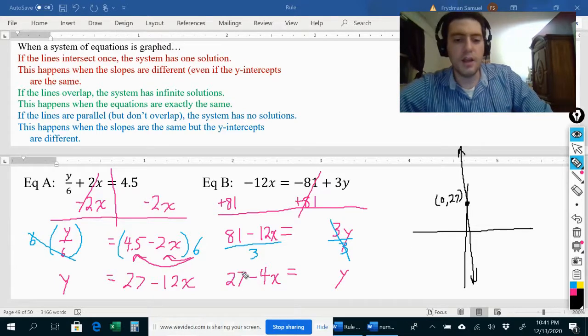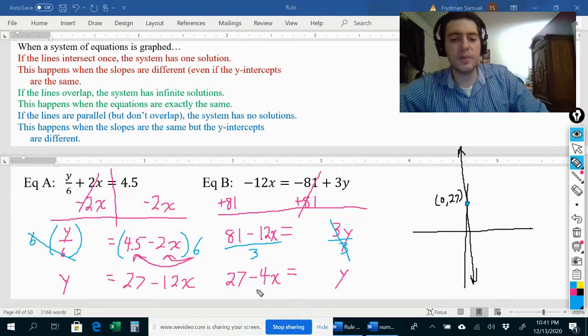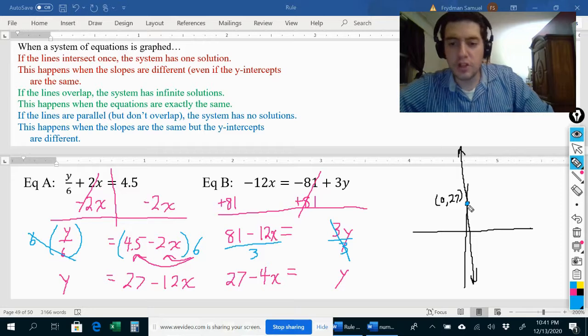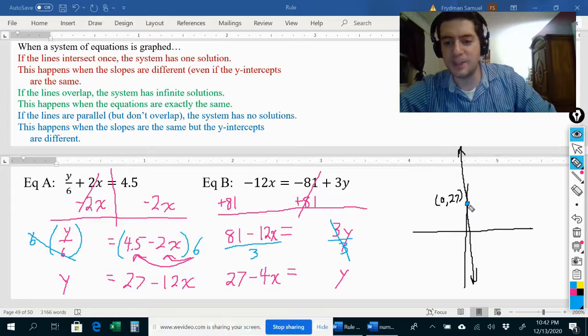Here the y-intercept would also be at (0, 27). So it's the same y-intercept, but here the slope is -4. So that slope is still going to be in the negative direction, but it's not going to be quite as steep. So I don't know, maybe something like this.